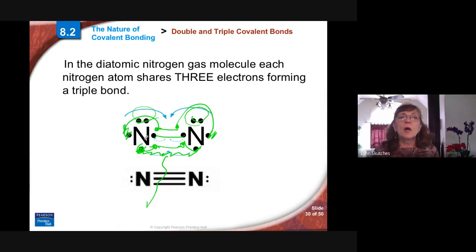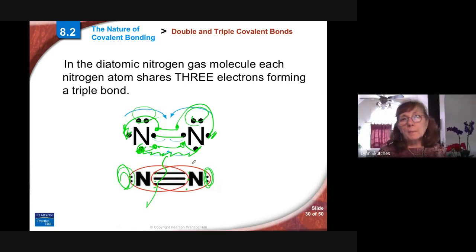I'm not going to penalize you for not remembering that, but the best diagram representation would have the lone pairs on opposite sides of the molecule. Triple bond between 1, 2, 3, 4, 5, borrow 1, 2, 3, gives you 8 for each of them.